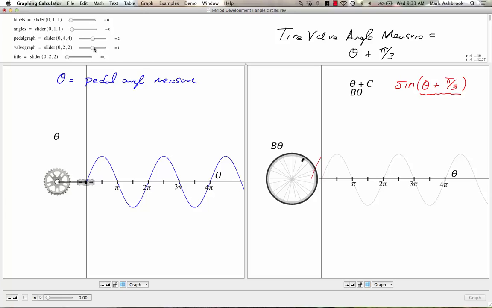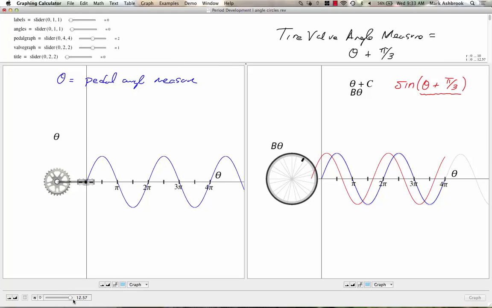It already started. See that? It's ahead, so it's already got a jump on its cycle, meaning it starts over here to the left. How far to the left is the graph shifted? Pi over 3. It's shifted pi over 3 to the left. So now, when I start the pedal angle measure, that tire valve is already ahead in its cycle. And so there's one full cycle of the pedal, and the tire valve has already made pi over 3 more than one cycle.